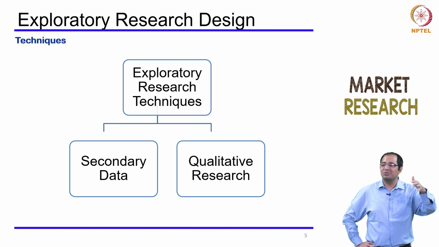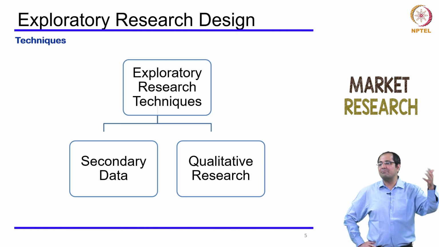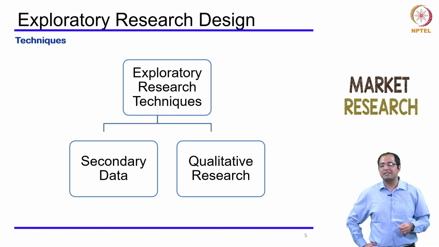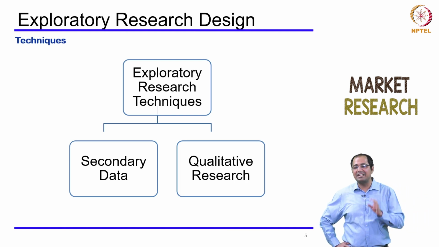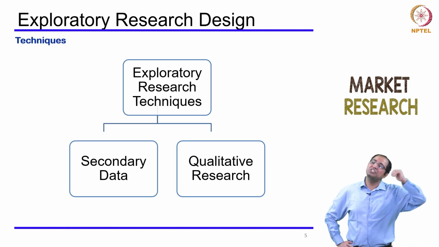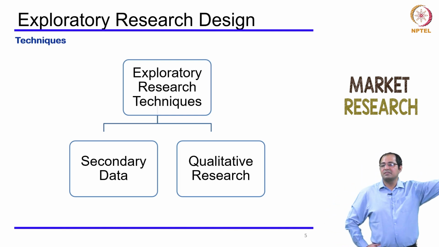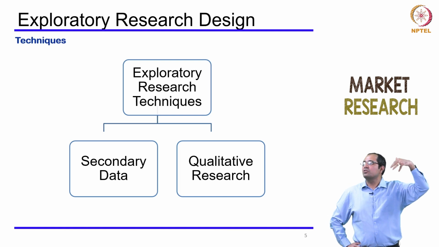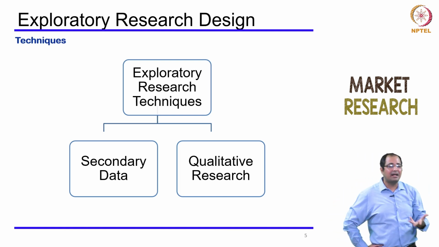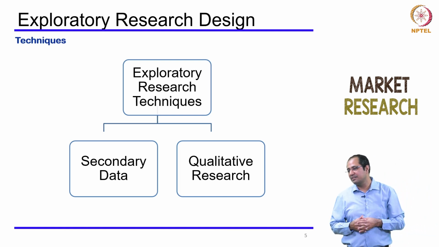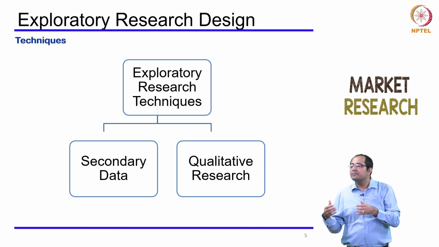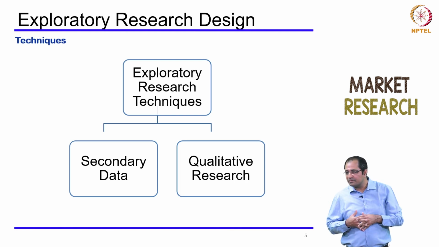You can buy it from companies like Nielsen, relevant to your product category. So the difference between primary and secondary data, clear? Secondary data is data that existed before, that somebody else collected, but that you could use for your problem at hand, to get to the probable cause.